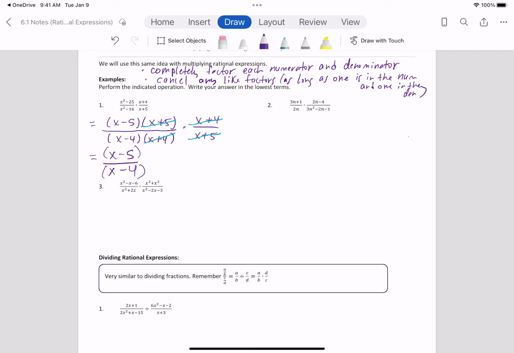Alright, so let's look at number 2. For this one, the first fraction, everything is in lowest terms. So we're just going to rewrite this one. But for the second fraction in the numerator, we have a common factor of 2. So I'm going to factor that as 2 times n minus 2.